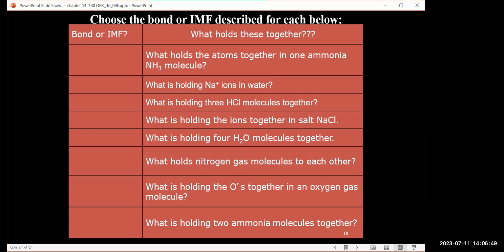It is a dipole interaction, but a special dipole, a little bit stronger than a standard dipole-dipole. And finally, the last force dealt with ionic compounds and aqueous systems.